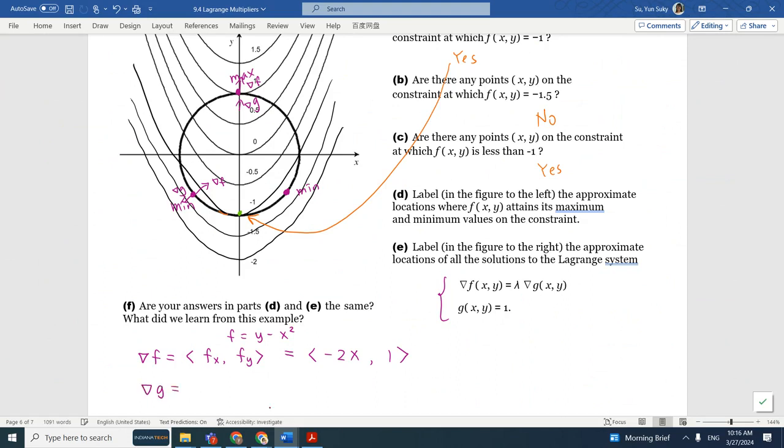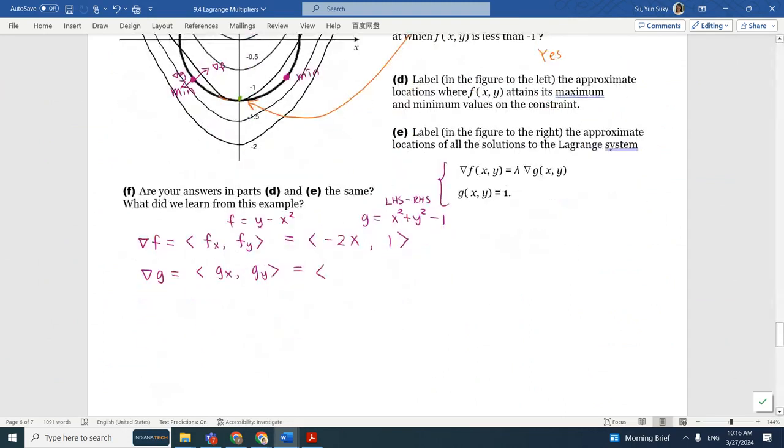Now the gradient of g is g_x, g_y, and our g is x squared plus y squared minus 1. So the constraint usually is an equation. You use the left-hand side minus the right-hand side of the constraint. Okay?